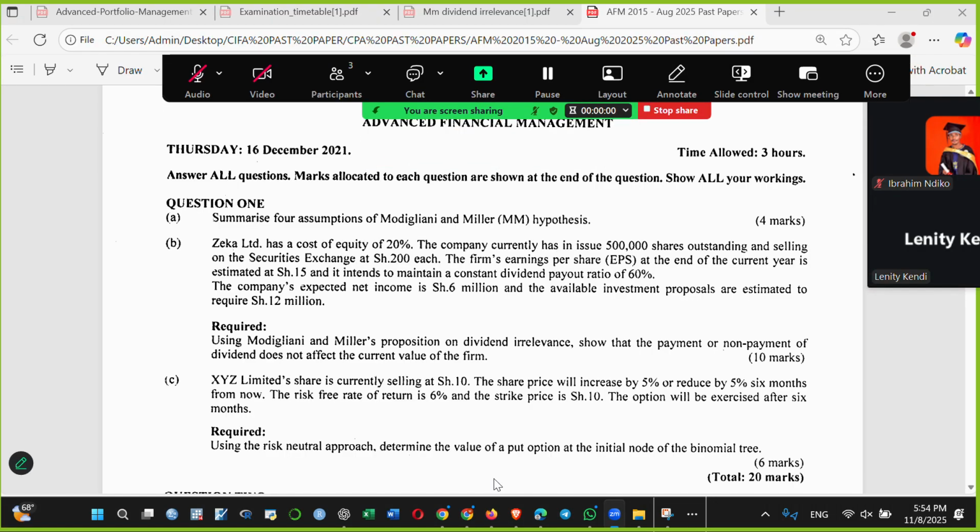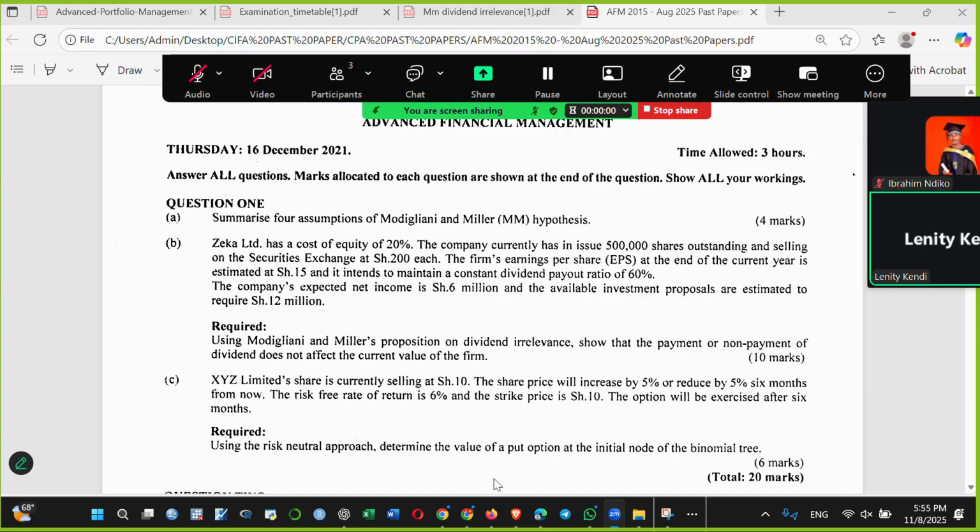Okay, ndio hiyo swali. Read. Zeka Limited has a cost of equity of 20%. The company currently has an issue of 500,000 shares outstanding and selling on the securities exchange at 200 shillings each. The firm's earnings per share at the end of the current year is estimated at 15 shillings, and it intends to maintain a constant dividend payout ratio of 60%.